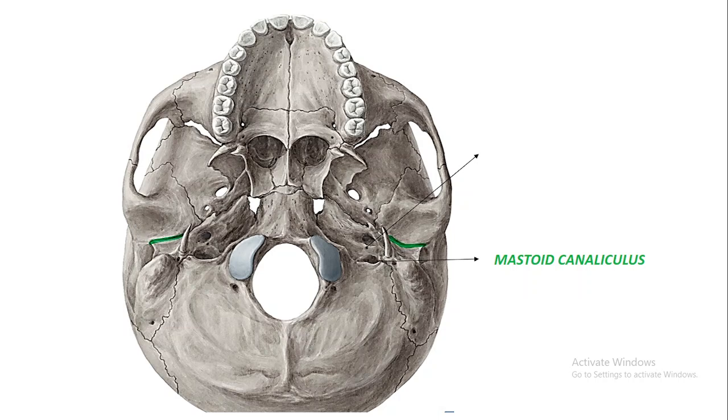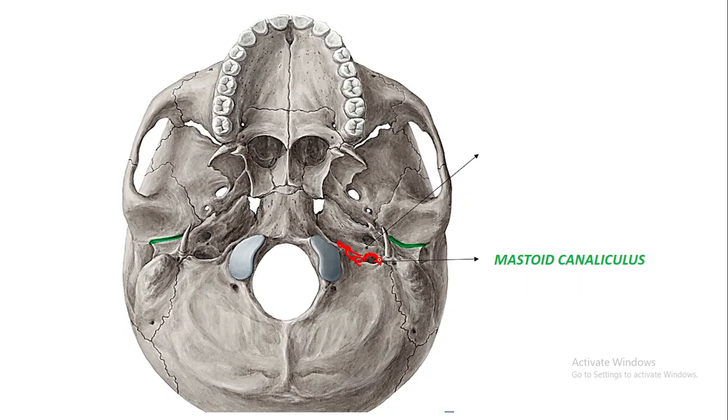Next is the mastoid canaliculus. So this is the jugular foramen here. And here there is a depression or fossa-like structure in the petrous temporal bone, which is called the jugular fossa.